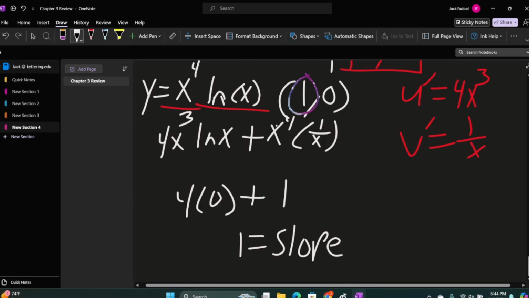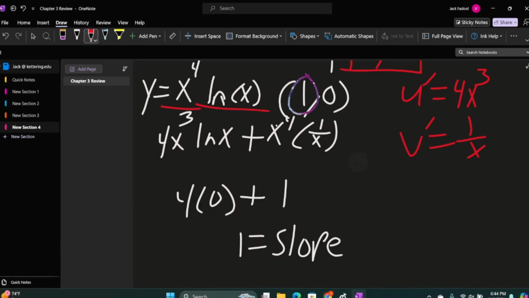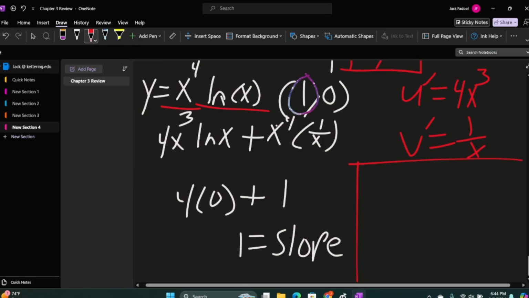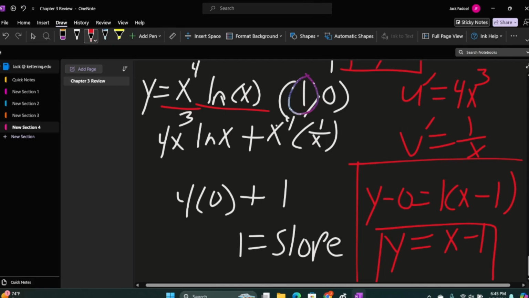Now that we have the slope, we put it into the point slope formula. So our answer is y minus 0 equals 1 times x minus 1. So y equals x minus 1. That is our final answer.